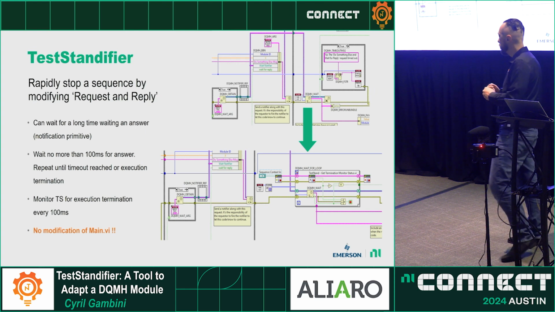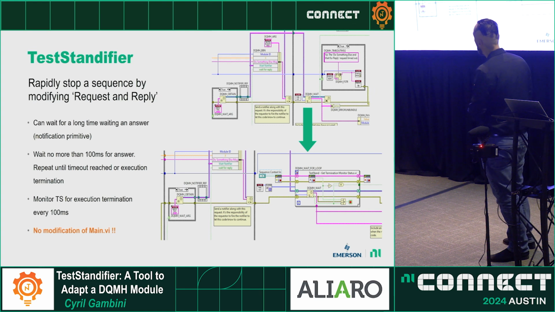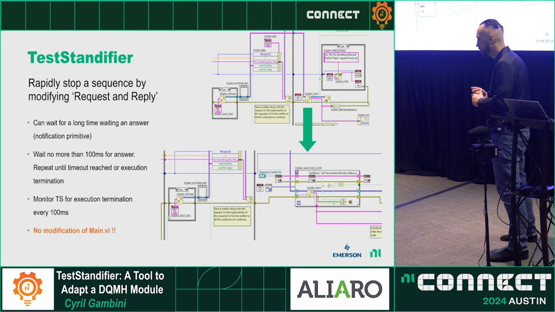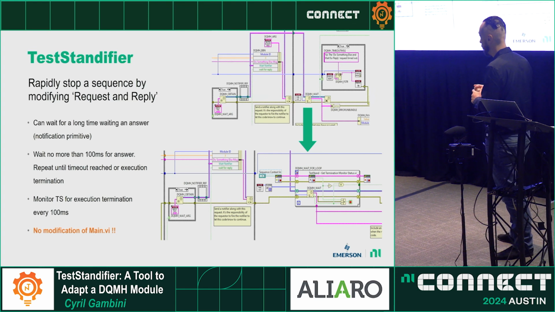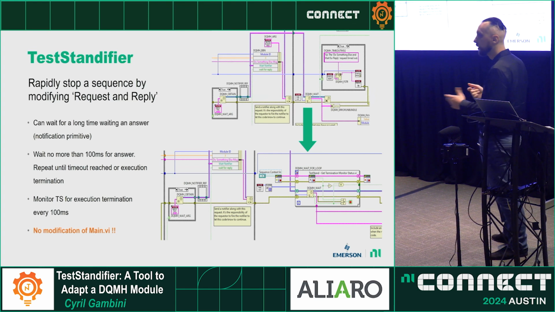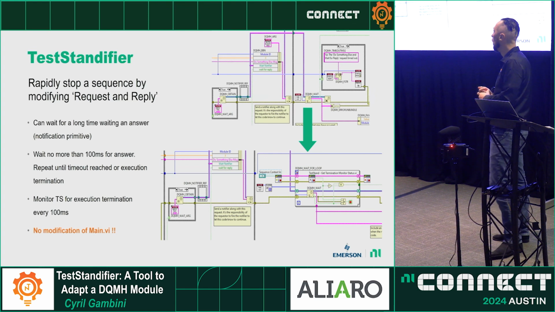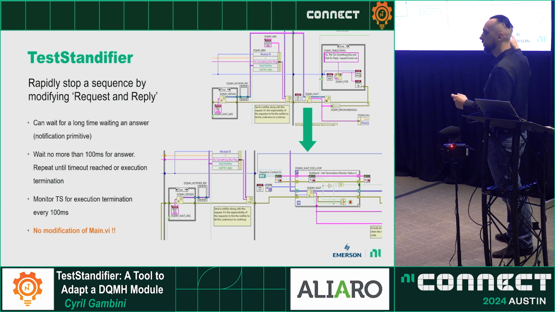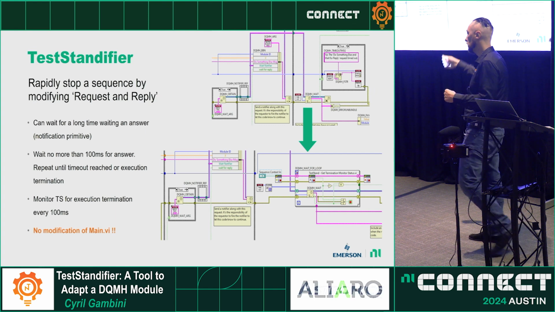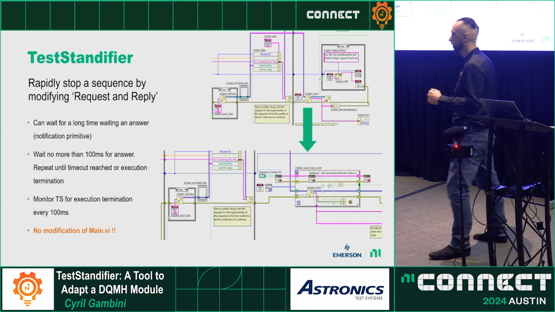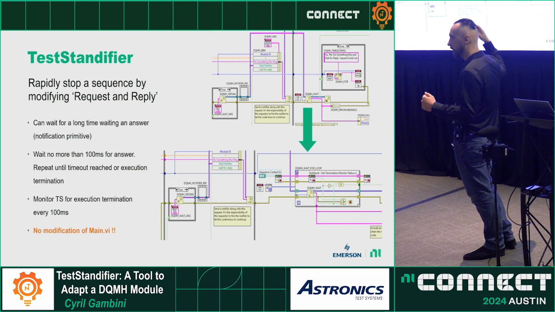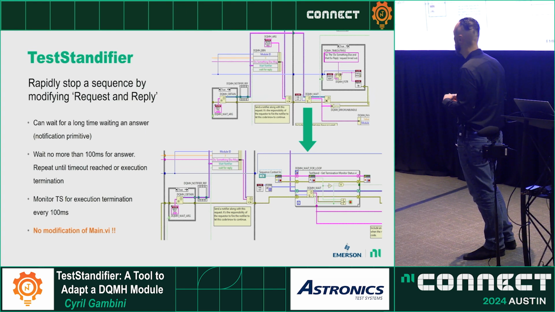In some modules dealing with hardware that is pretty slow, we've seen timeouts close to 30 seconds, some even more, several minutes. But you understand, if you call that request and reply in TestStand, and the hardware does not answer, you will have to wait until the timeout is reached.